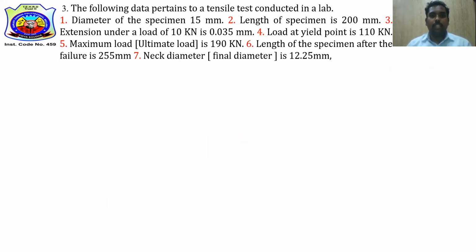The following data pertains to a tensile test conducted in a lab. The diameter of the specimen is 15 mm, the length of the specimen is 200 mm, the extension under a load of 10 kilonewton is 0.035 mm, the load at yield point is 110 kilonewton, the maximum load, that is the ultimate load, is 190 kilonewton, the length of the specimen after failure is 255 mm, and the neck diameter, that is the final diameter, is 12.25 mm.